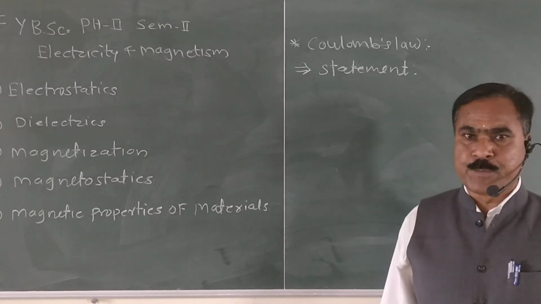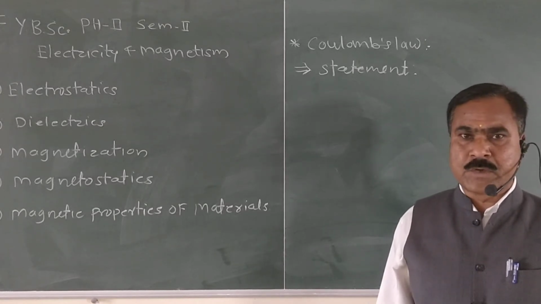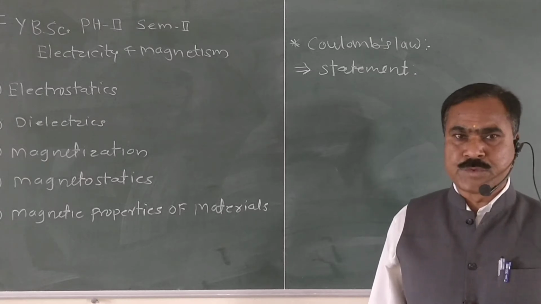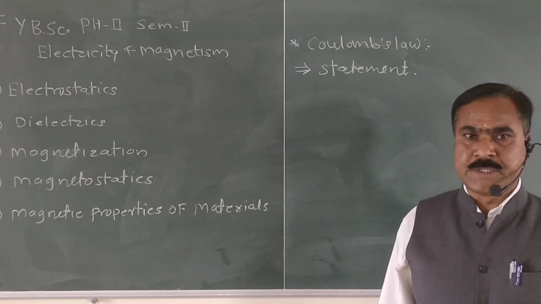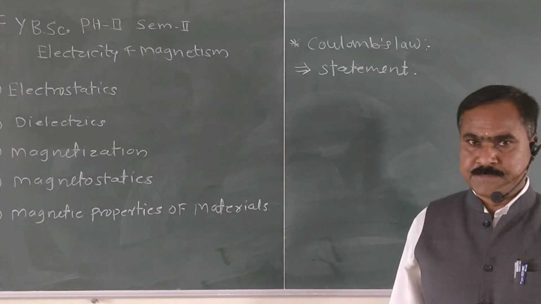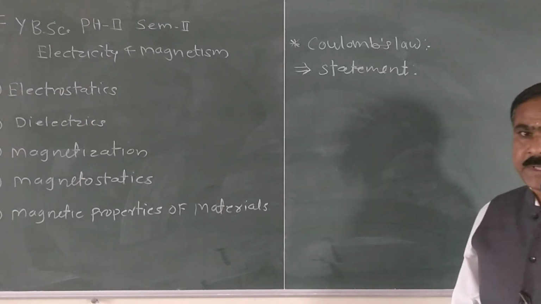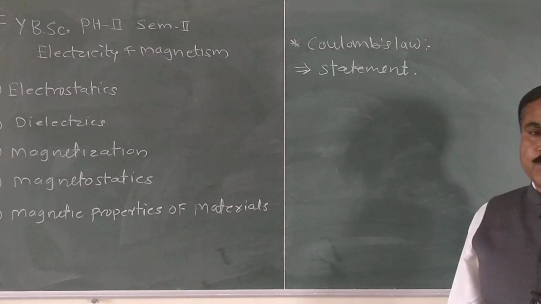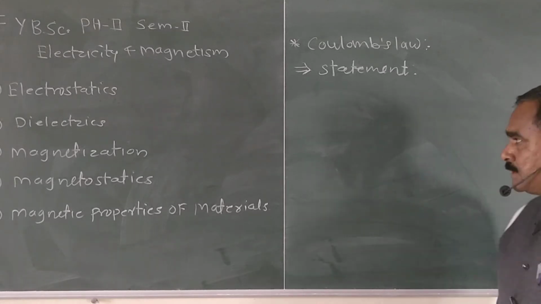is directly proportional to the product of magnitude of 2 charges and inversely proportional to the square of the distance between them. Right? So here we consider 2 point charges at rest.